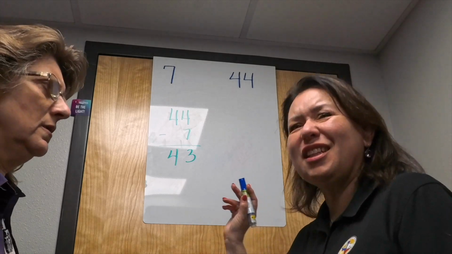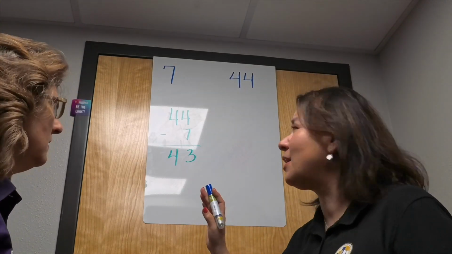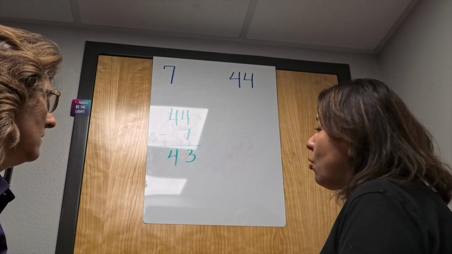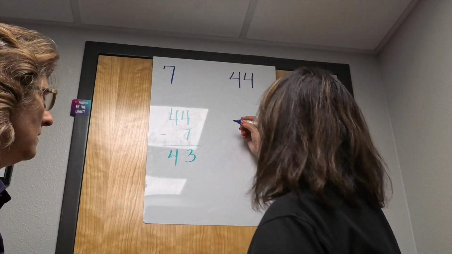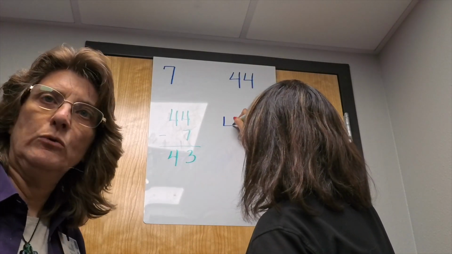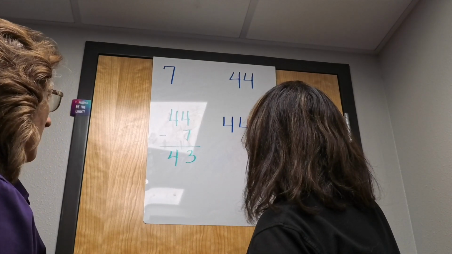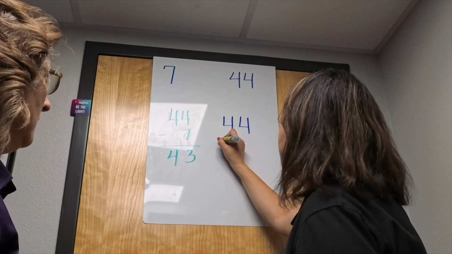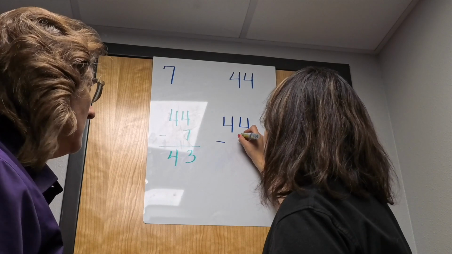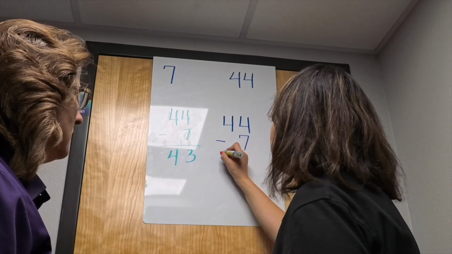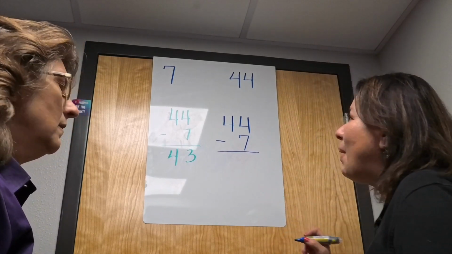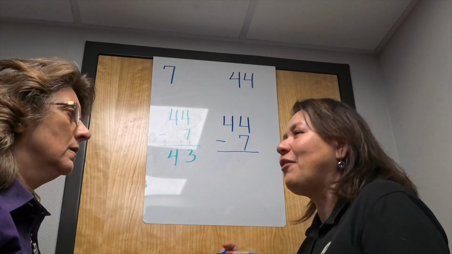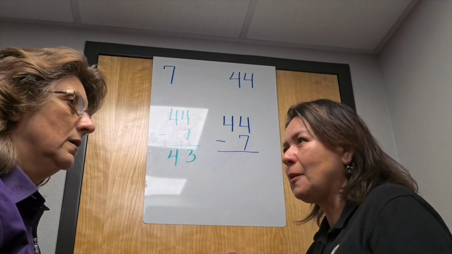I think there's another way, I'm not sure, but you're right with your setup. I love it. I think that's perfect because that's what I'm going to go with too. So 44, and then I'm going to subtract, and the 7, I'm pretty sure it goes right there. But have you heard about borrowing?